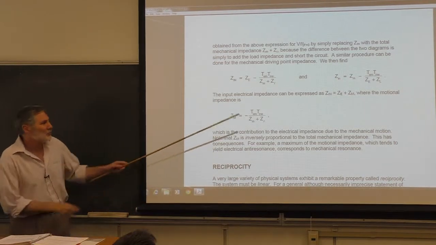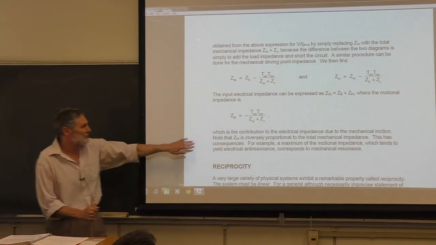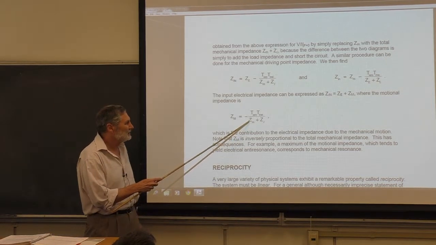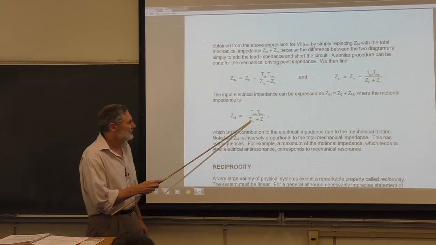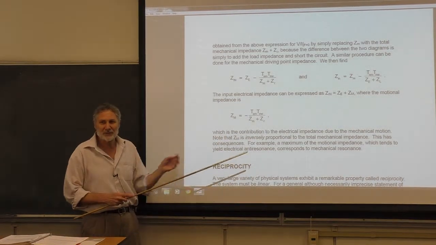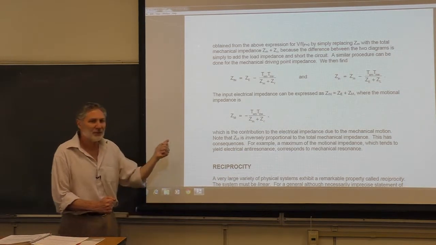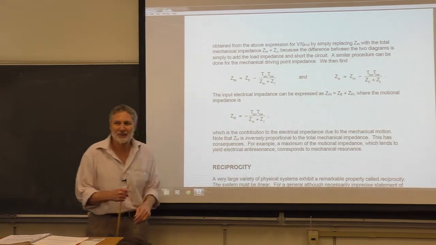We don't need to worry about this, but it is peculiar. I think I got this from Brian. You'll notice here the impedance is the mechanical impedance. This is an electrical impedance here, capital letter. You'll notice that there's this kind of inverse relationship here. What that means is if one side is resonating, the other side is anti-resonating, if you think about it. I make a little comment on here.